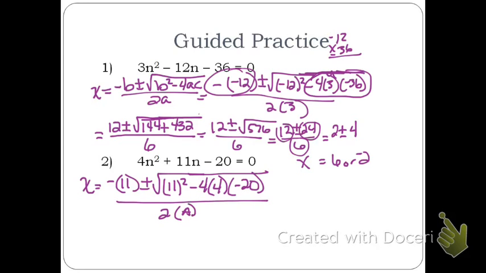Oops, I wrote a instead of the number. 2 times 2, which is 4. Simplify some things up. Negative times 11 is just a negative 11 plus or minus the square root of.